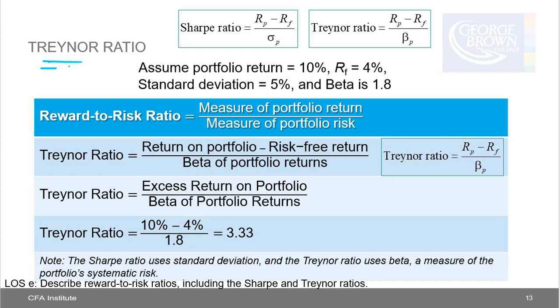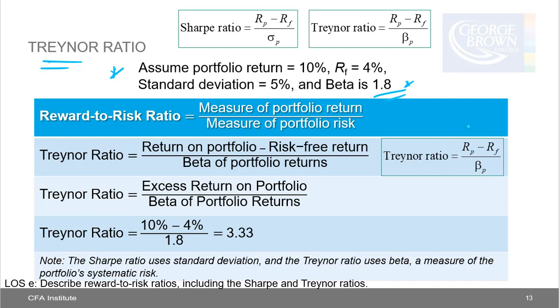So now we're moving on to the Treynor ratio. We're assuming in our calculations the same portfolio, but now we're going to use the beta of 1.8. Okay, so pay attention to that. The Treynor ratio is another commonly used reward-to-risk ratio that was suggested by Jack Treynor. The measure of portfolio reward is the same as that used in the Sharpe ratio, but the measure of portfolio risk is different.